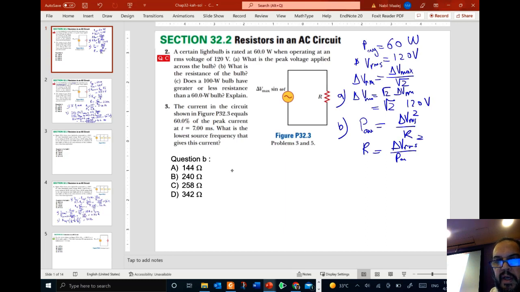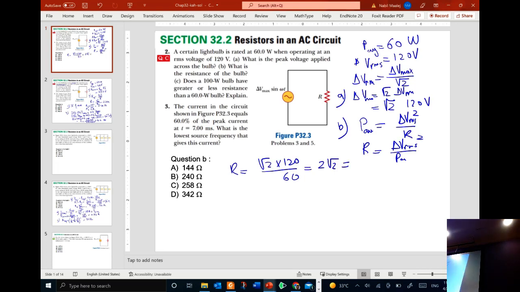So R is square root of 2 times 120, sorry, we forgot the square, so delta V RMS squared, divided by 60.